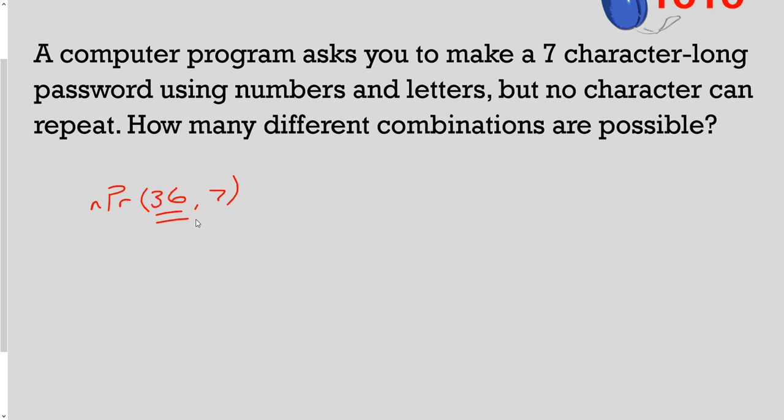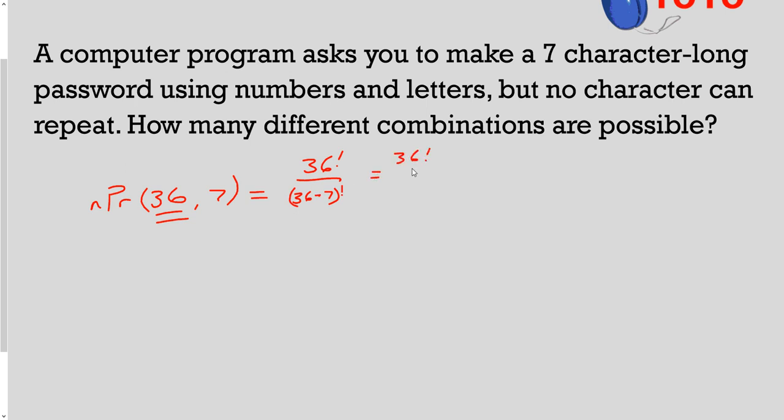However, most passwords allow capital letters, right? And there's a difference in uppercase and lowercase. We'll do it twice. We'll do it with this one, and then we'll do it again with the other. So this would be 36 factorial over 36 minus 7 factorial.